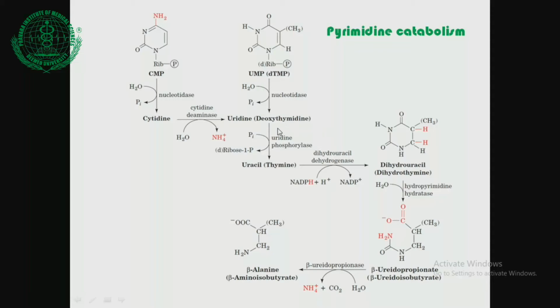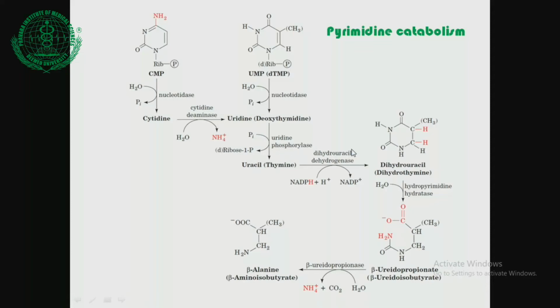Uridine and thymidine are further hydrolyzed to the pyrimidine bases called uracil and thymine, and the liberated ribose sugar is incorporated with inorganic phosphate and converted into ribose 1-phosphate, and that can be taken back to participate in metabolic pathways.